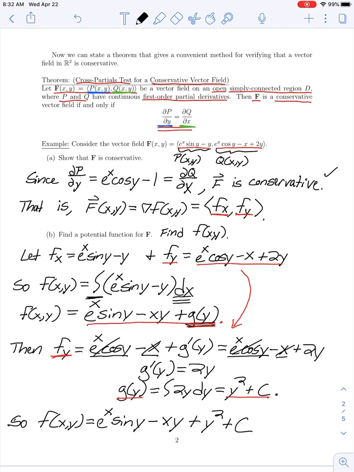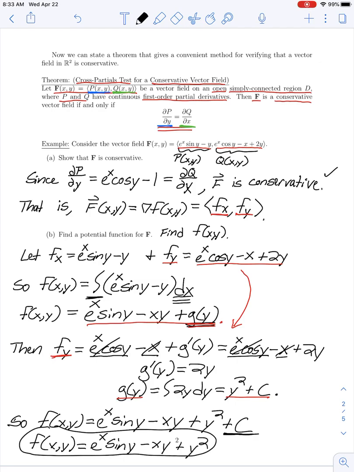Now, in general, this potential function could depend on any arbitrary constant c here. So unless we have some other condition that we have to satisfy that would allow us to solve for c, to make a simple choice for a potential function, we could always choose the one where our constant c is equal to 0. So this would be a potential function for the given vector field.